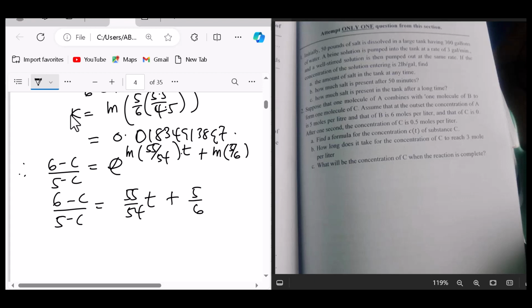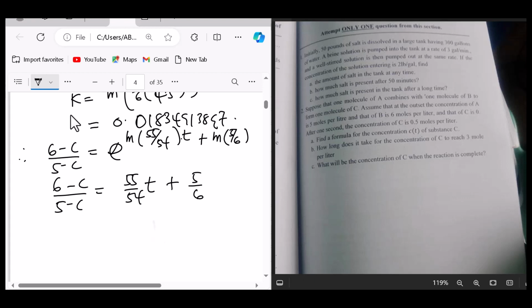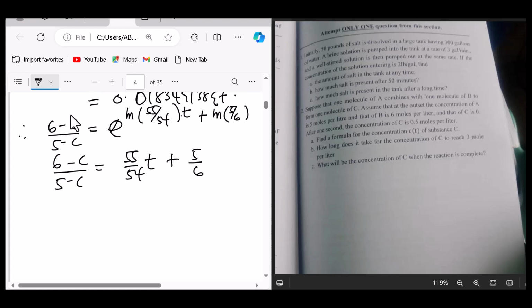I think we now have this, but I can leave it this way, or we can go further.